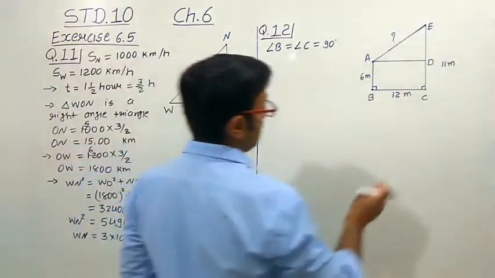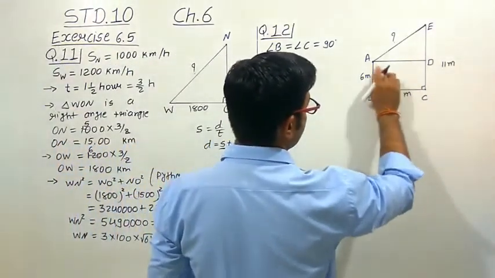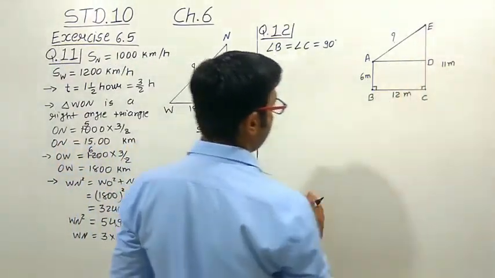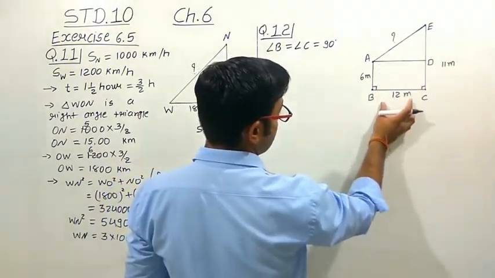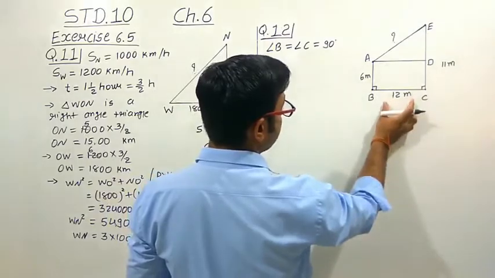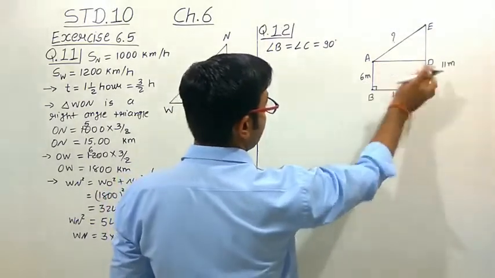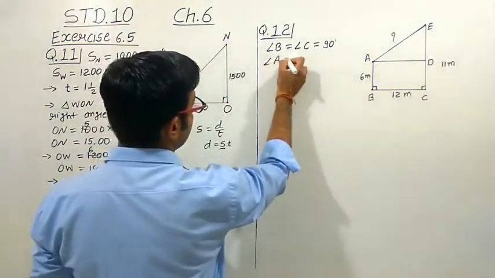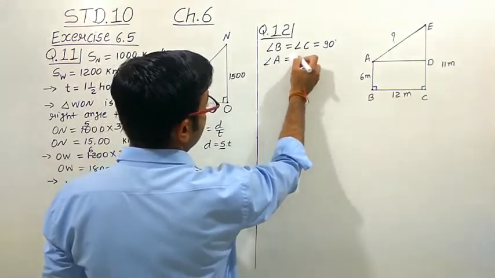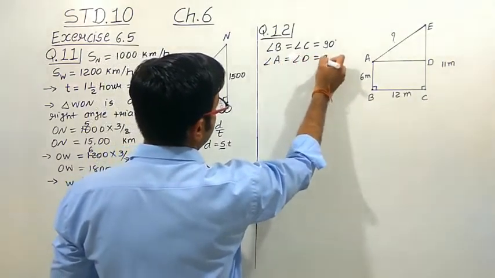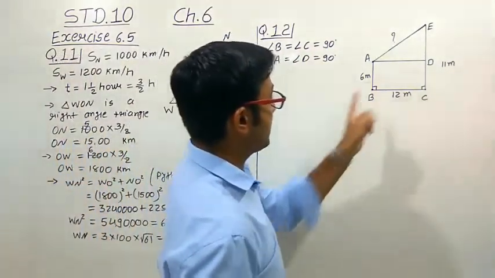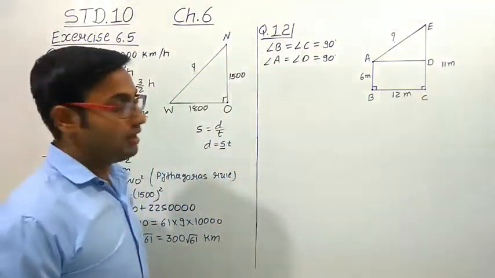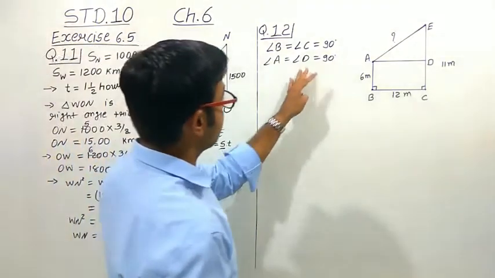Now let us join A and D. When we join A to D, let us suppose AD is parallel to BC. So angle A is also equal to angle D, and it will become 90 degrees. So here ABCD becomes a parallelogram in which all these angles are 90 degrees.